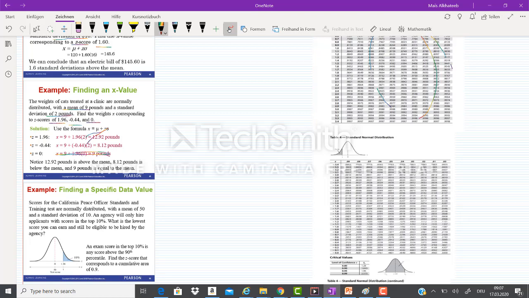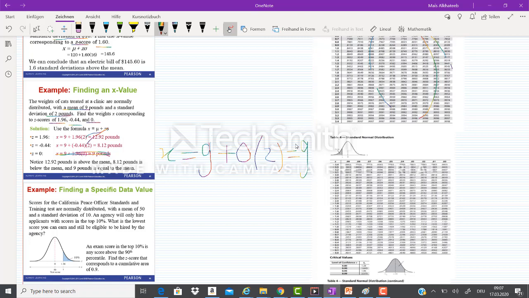Now if I want to calculate the third one, I have X equals mu, which is 9, plus Z, which is here 0, and sigma is always 2. 0 times 2 is 0, so I have only the 9. 9 plus 0 times 2 equals 9.